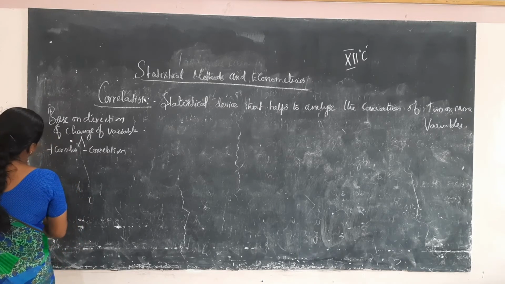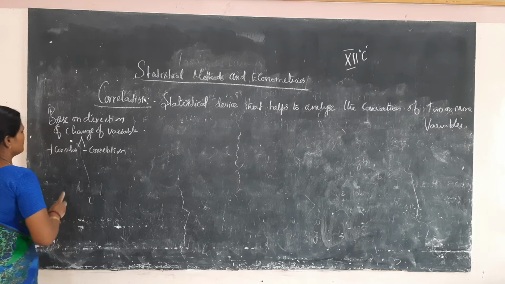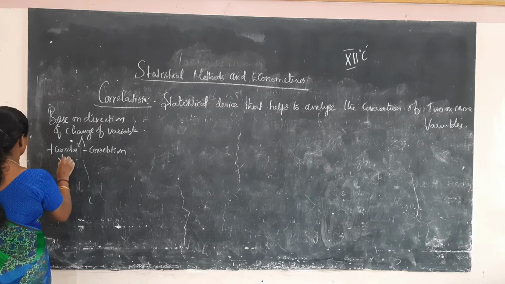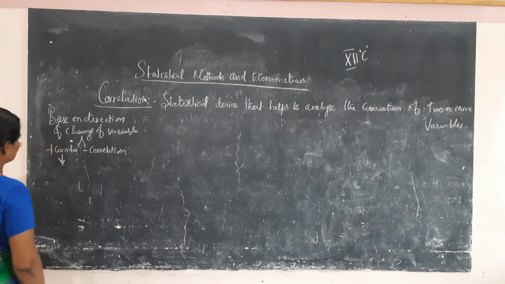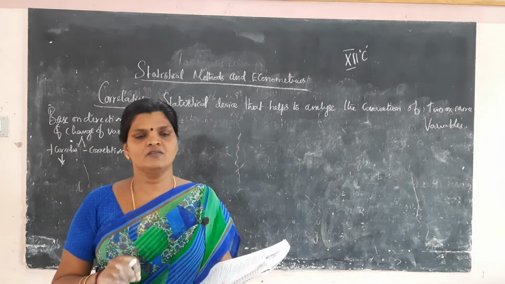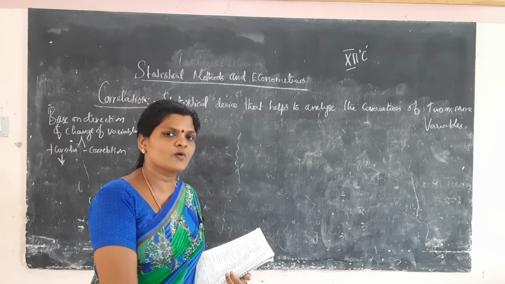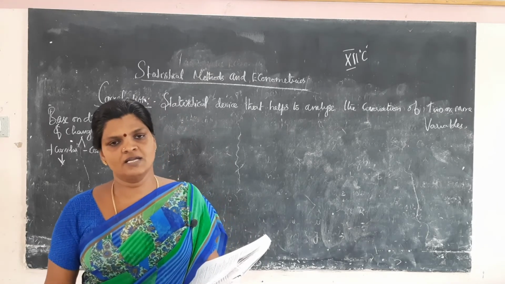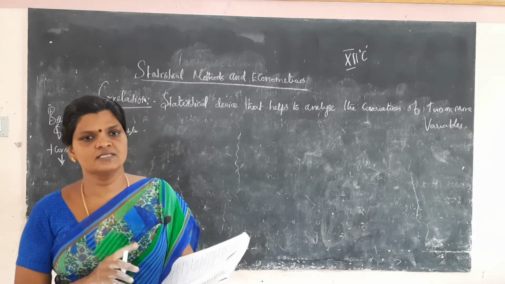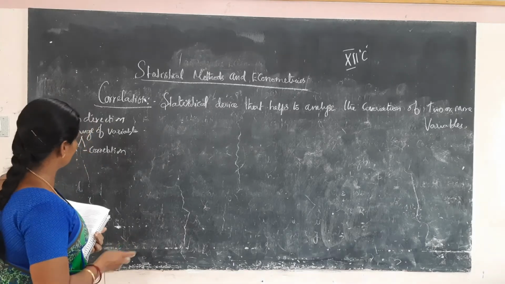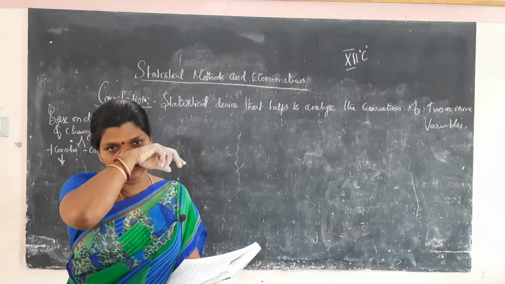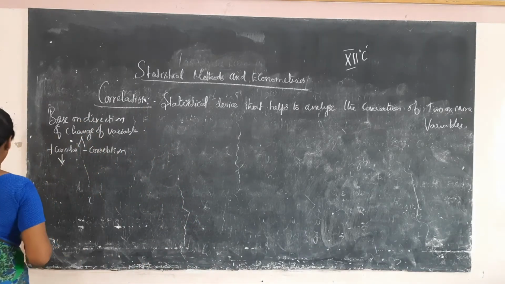First one, we are going to see about the correlation based on direction of change of variables. We are dividing it into positive correlation and negative correlation. Positive correlation means we study two variables that move in the same direction. For example, if we study the price of the product and the quality of the product, and they go in the same direction, it is positive correlation.